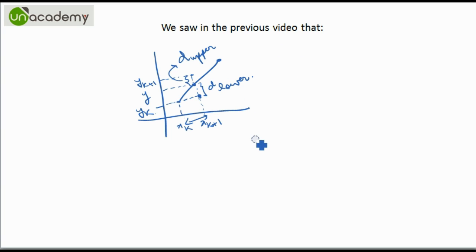and we found out one decision parameter, that is pk equals delta x times d lower minus d upper.